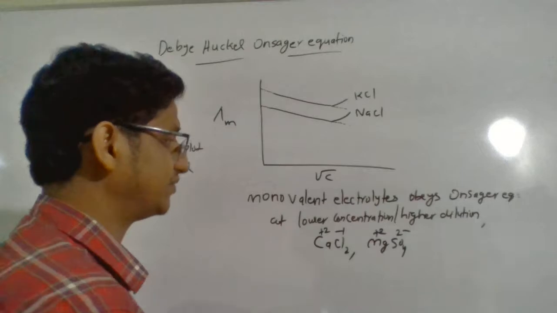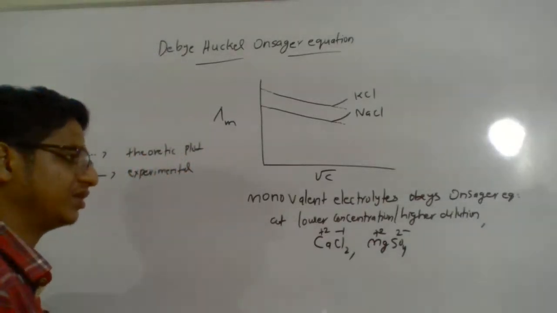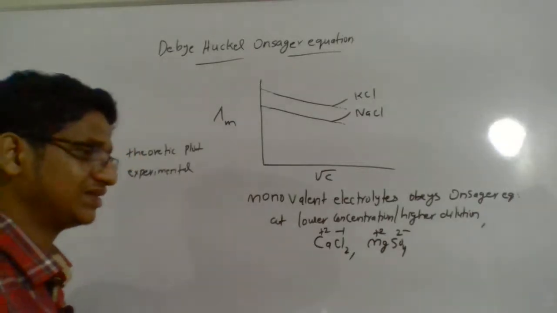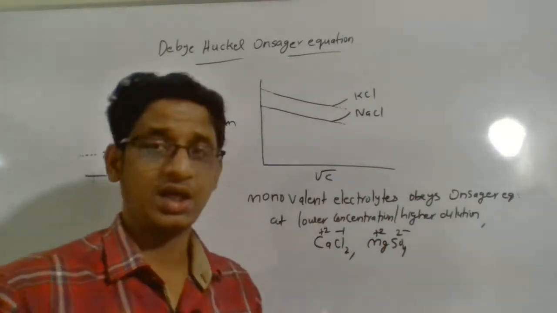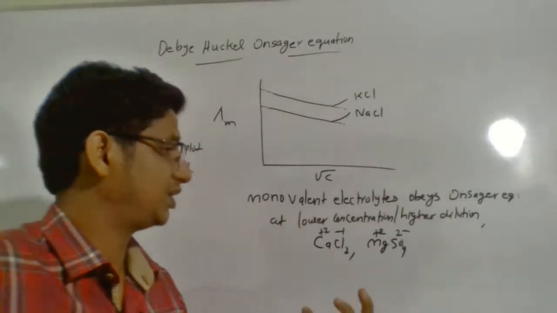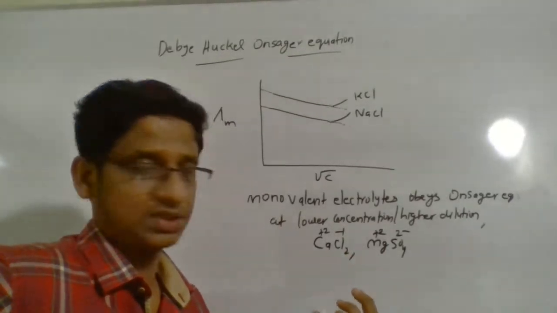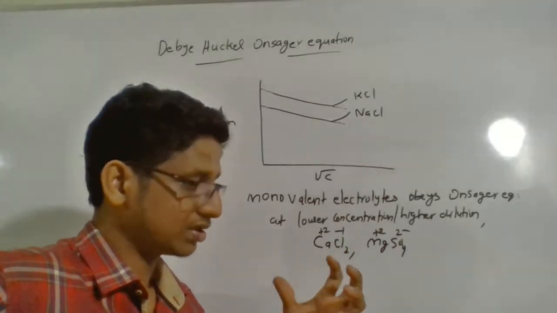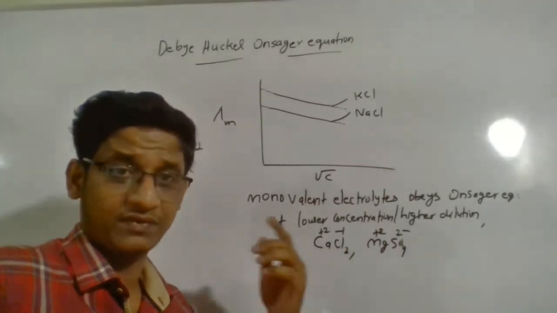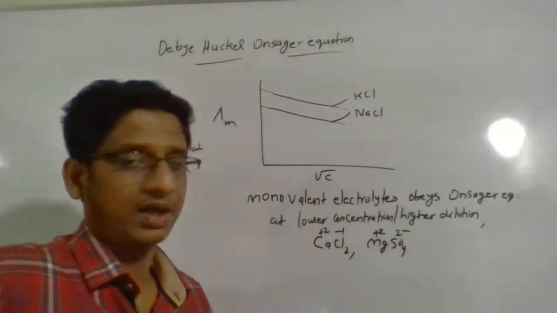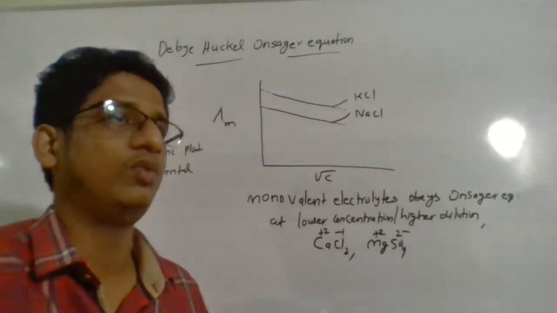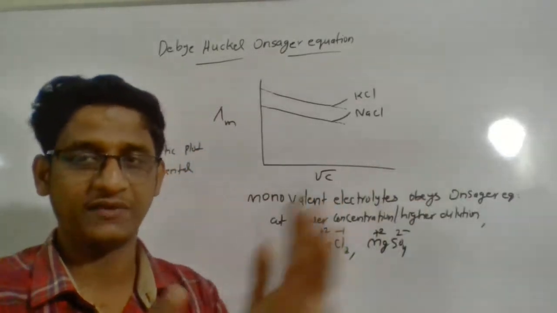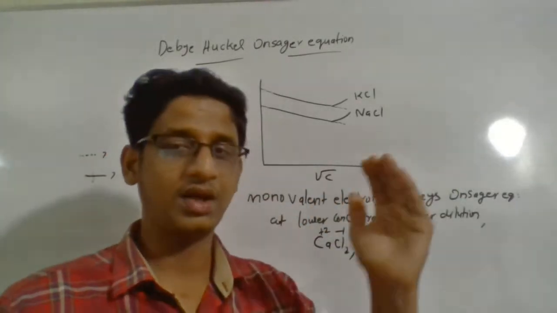This is the case where the Onsager equation shows some deviation, simply because the concentration of ions may show some changes, and also there is an increase in cationic and anionic charge. That also reflects in the molar conductivity. So it is all about how much ionic attraction exists in the solution, which definitely reflects in the molar conductivity.